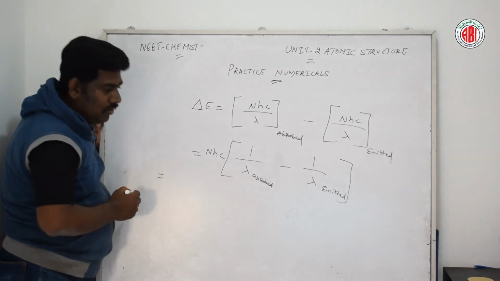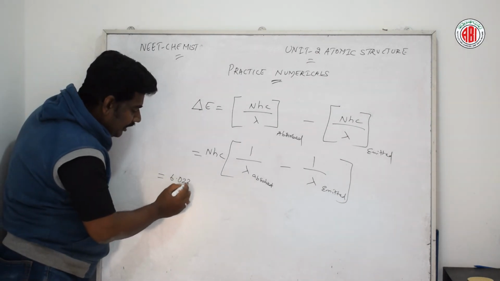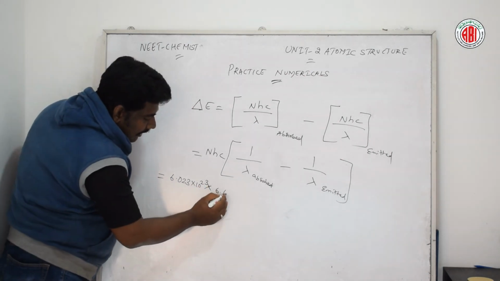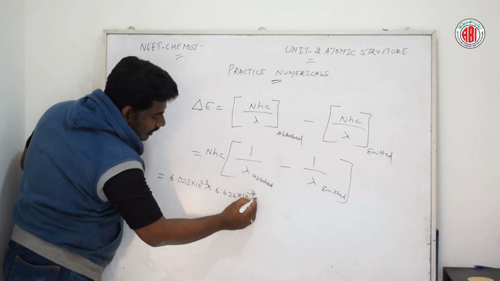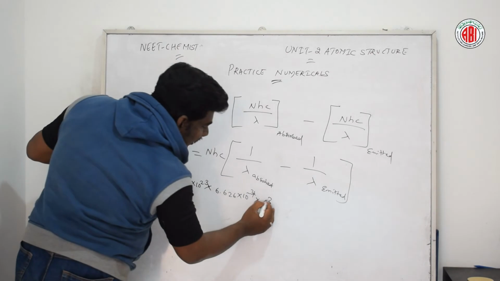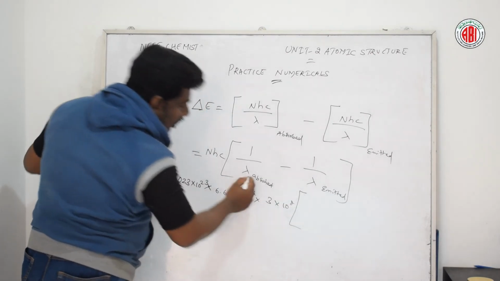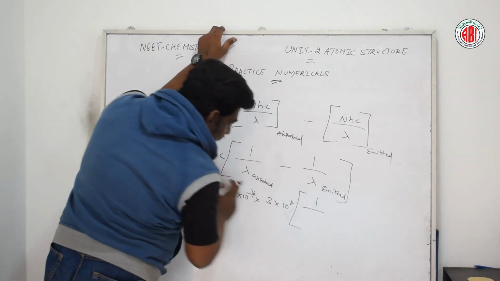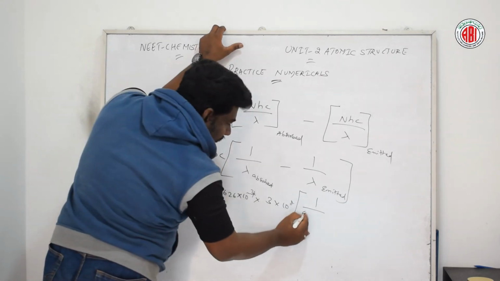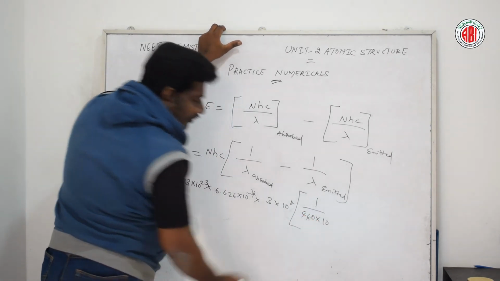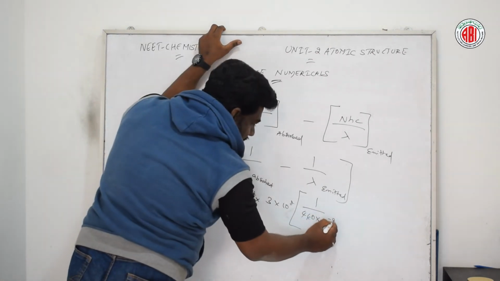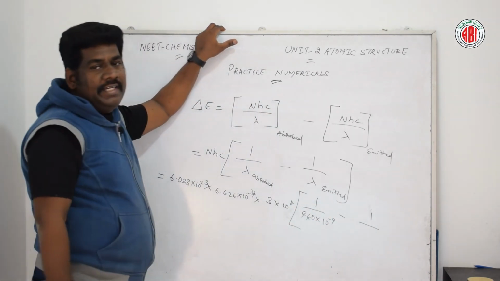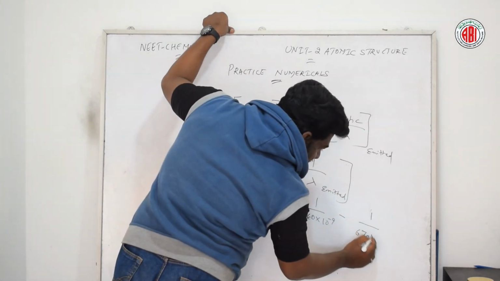N is the Avogadro value, that is 6.023 into 10 to the power of 23, into h, Planck's constant, 6.626 into 10 to the power of minus 34, into c, the speed of light, 3 into 10 to the power of 8, into 1 by lambda absorbed, that is 440 into 10 to the power of minus 9, minus 1 by lambda of emitted light, that is 670 into 10 to the power of minus 9.